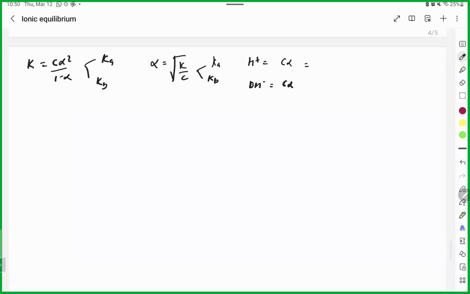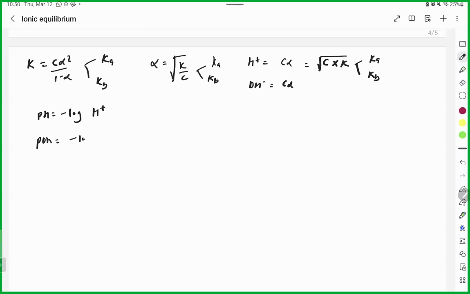So, H positive is C alpha, OH negative is C alpha, so it will be equal to under root of C into K. In case of acid, it will be Ka. In case of base, it will be Kb. Everything else will be same. Correct? You know pH is equal to minus log H positive concentration.